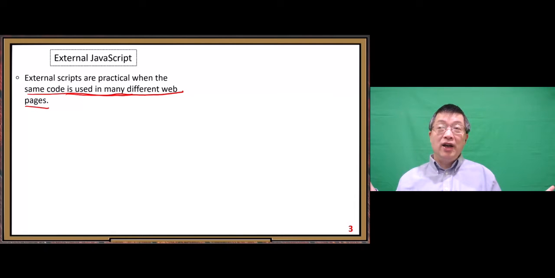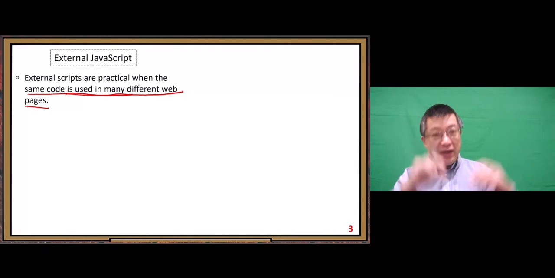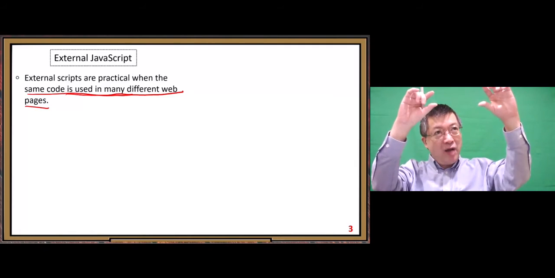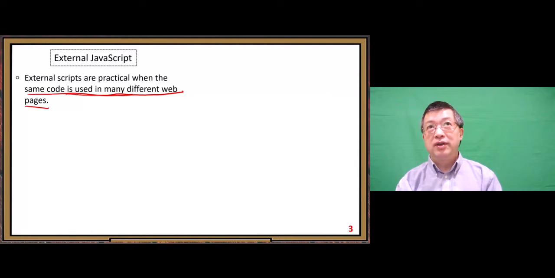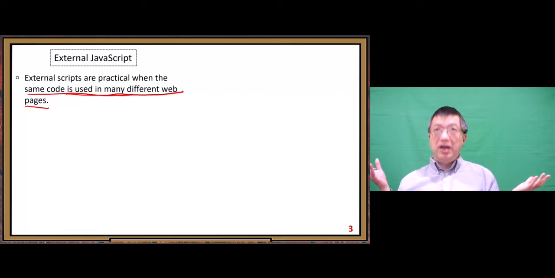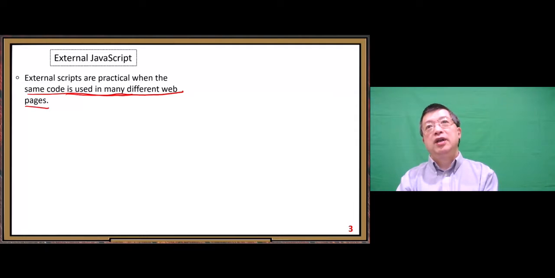So whether you put it at the bottom or top, is there any difference? Only for the first page, and that difference is so tiny. After the first page, you do not need to load the JavaScript file another time. So no difference. That is one reason.